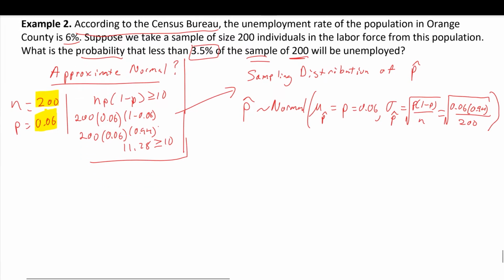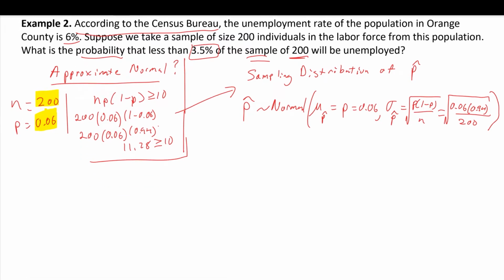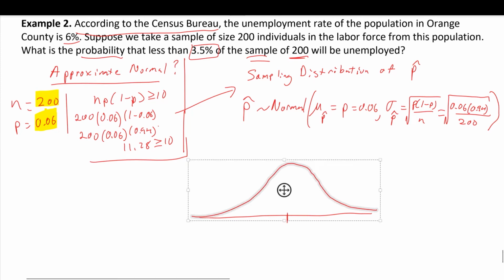Okay, so again, anytime we're dealing with probabilities for something that's normally distributed, we want to draw a normal distribution graph, which is a bell shape. The center here, the mean of our proportion, is 0.06, and our standard deviation is this, right?